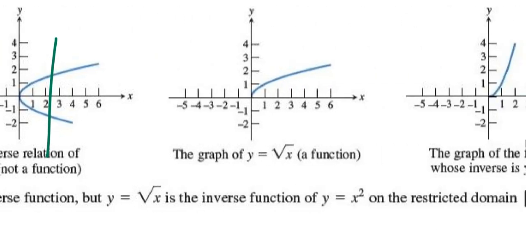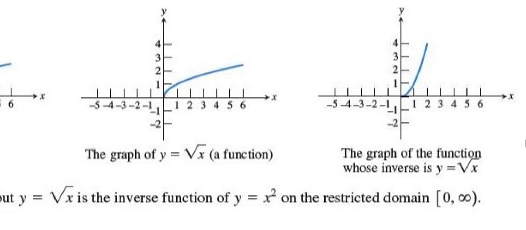Okay, but look over here at these two. Now, describe to me what's the domain of this function here. This y equals the square root of x. What's the domain? 0 to infinity, right?